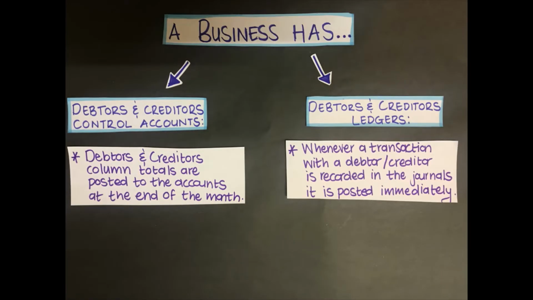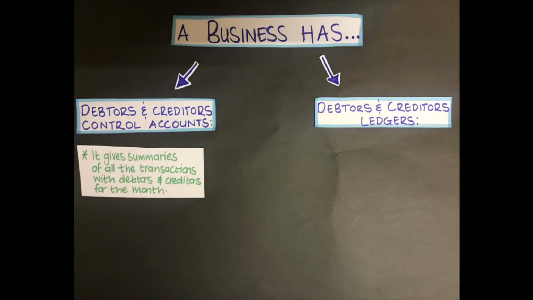Whenever we have a transaction with a debtor or creditor and we record it in any of the journals, we transfer that transaction immediately to the debtor or creditor's individual account in the ledger. The debtors and creditors control accounts give us summaries of all of the transactions with debtors and creditors for the month so that we can see the bigger picture.